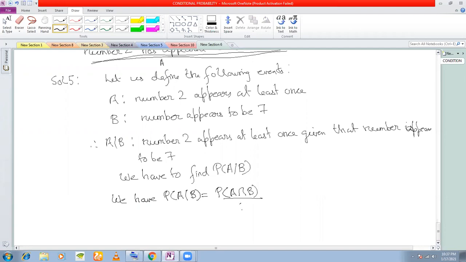So we just need to find P(A intersection B) and P(B).